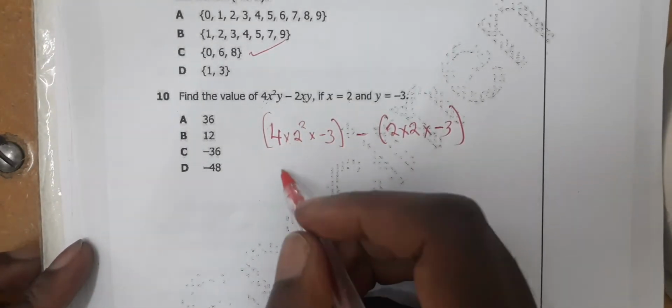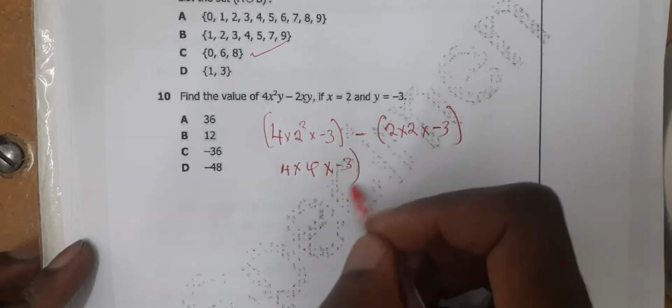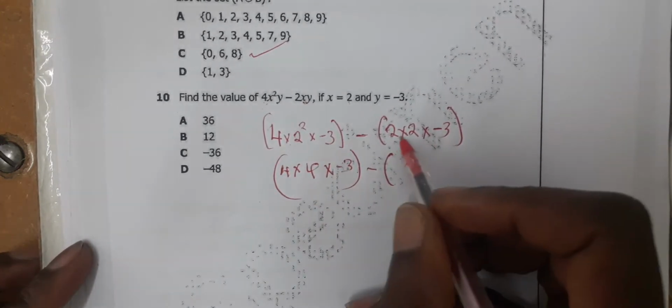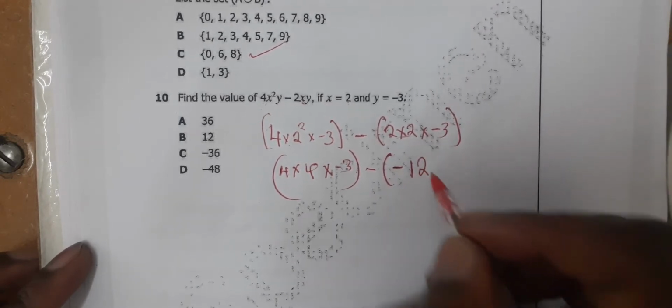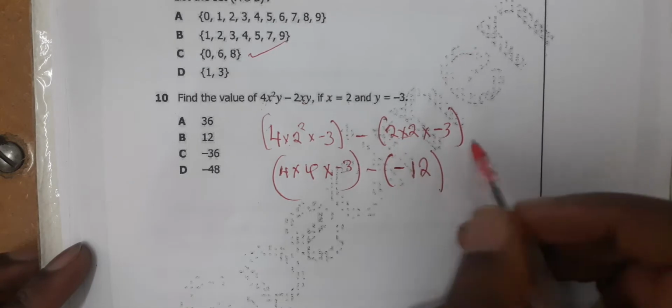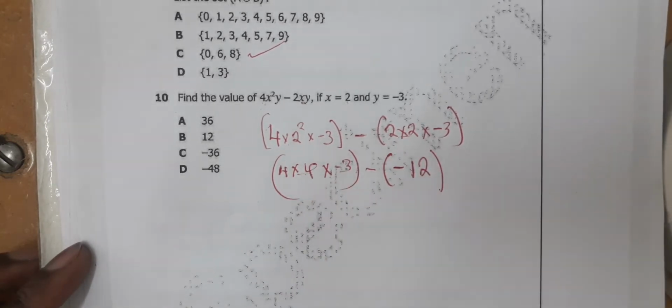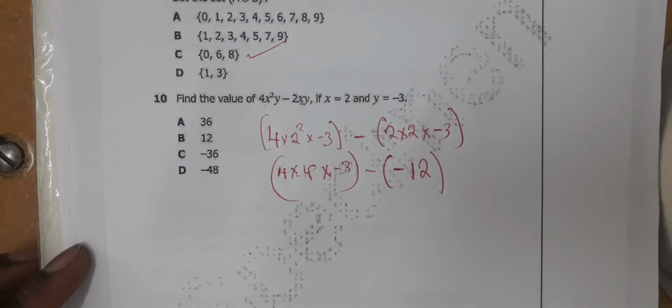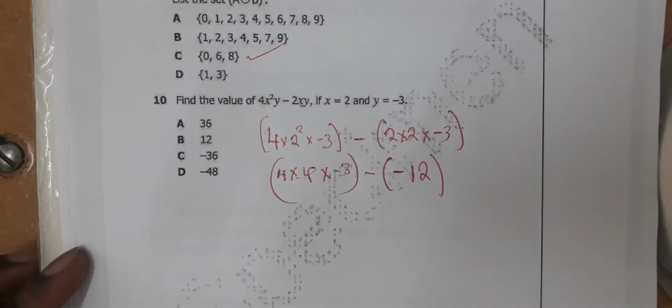So this is going to give us 4 multiplied by 4 multiplied by -3. Minus, what do you get here? This is going to give us -12 here. Then what do we get here? This is 16. Okay, you have 16 here multiplied by 3.